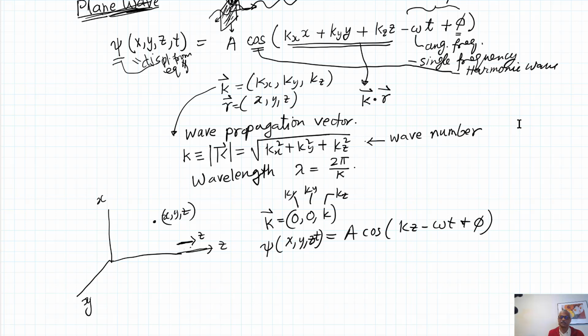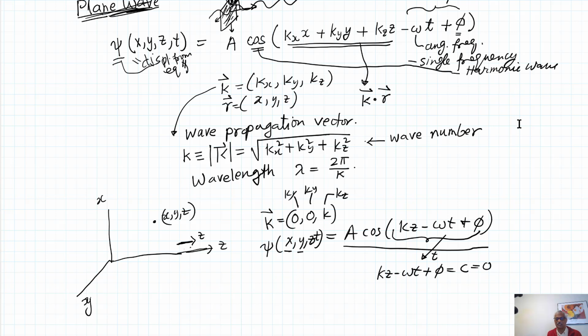So you might say, hey, this looks like a one-dimensional wave. It's not true. It also has x and y. Just because this thing doesn't depend on x, y does not mean it does not have x and y. What it is, if I look at this thing for a constant phase, so say look at kz minus omega t at some time t, plus phi, some constant, which we can just set to 0.